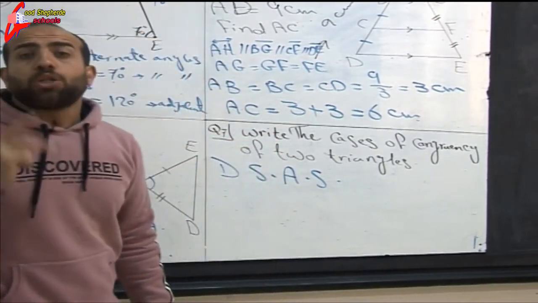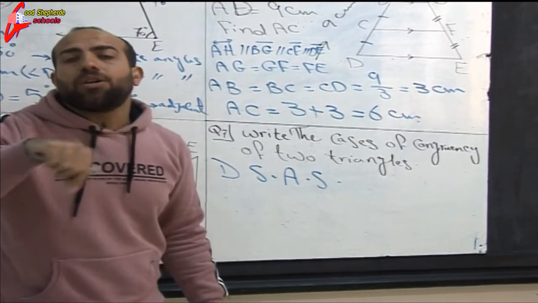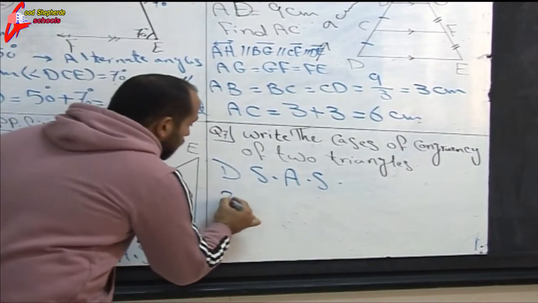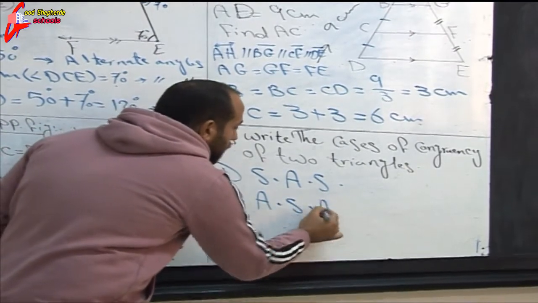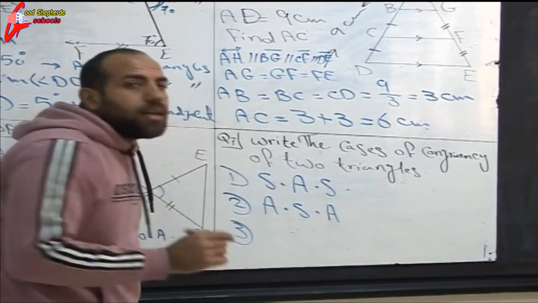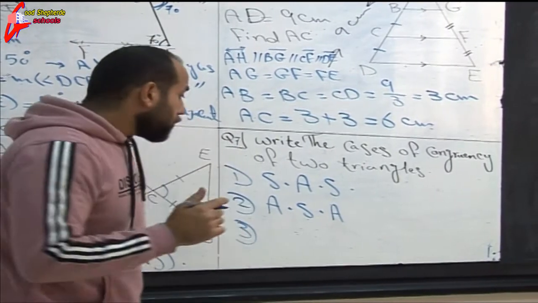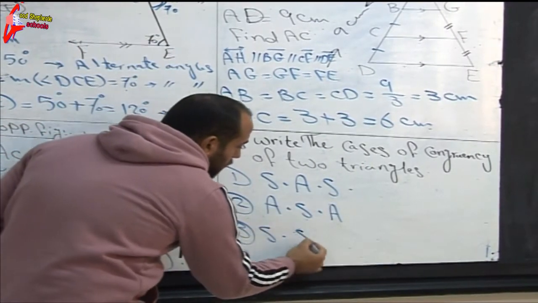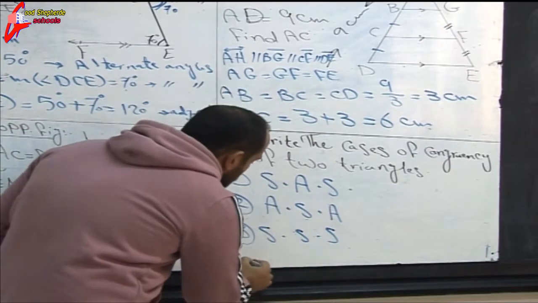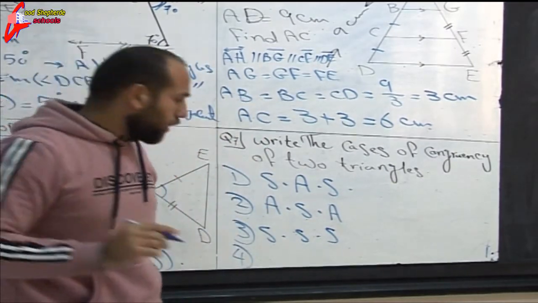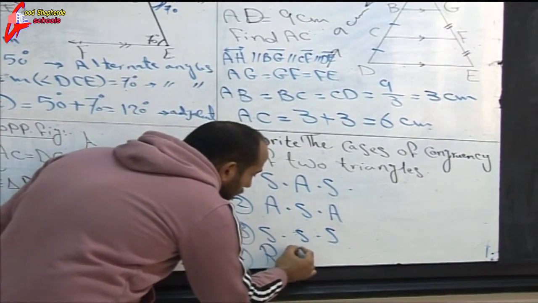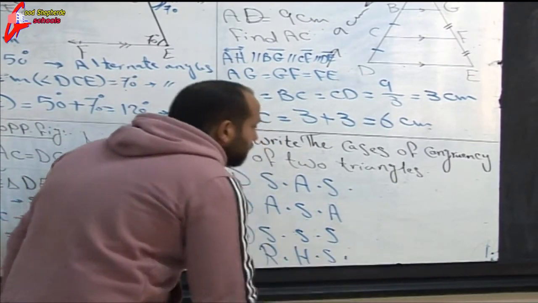Number 2, 2 angles and a corresponding side, ASA. Number 3, the 3 sides, SSS. Number 4, right angle, hypotenuse, side, RHS.